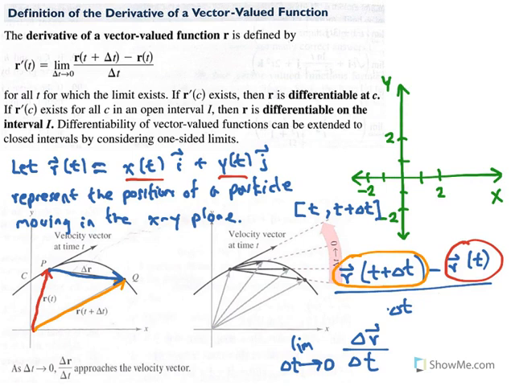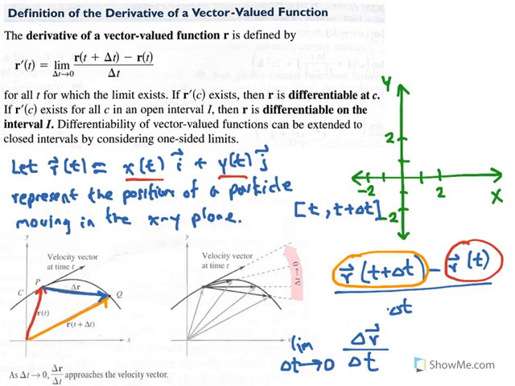Let's look at the second diagram here. You can see from the second diagram that as the change in time approaches 0, the position of the object at the later time, of course, approaches the position of the object at the initial time. And the change in the position becomes less and less.